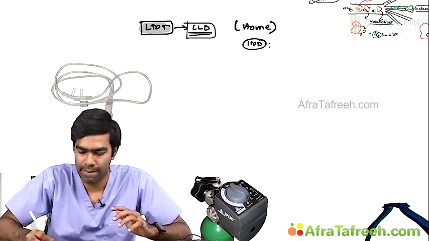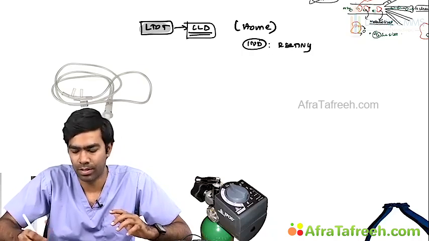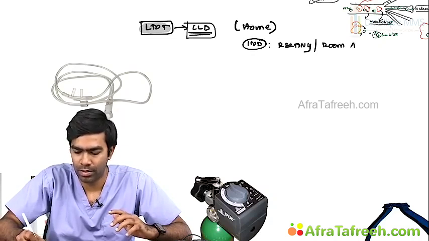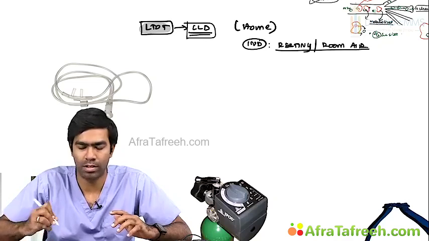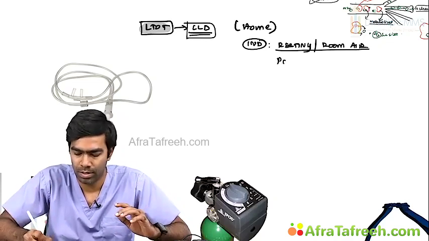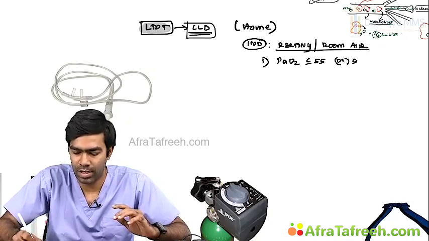So there are some indications for that. What are the indications? First, you have to do resting saturation. At the same time, it should be done in the room air. Whatever values I'm going to tell should be at rest and at room air. This is the first principle. Rule number 1 is if PaO2 is less than or equal to 55 millimeters of mercury, or if SpO2 is less than 88%.